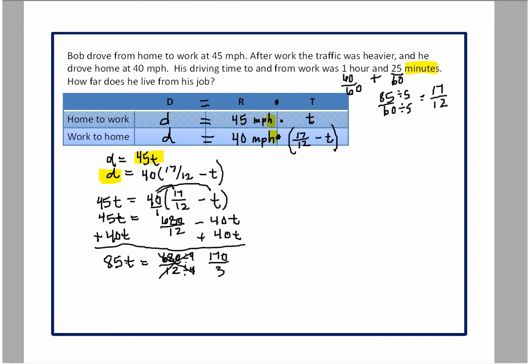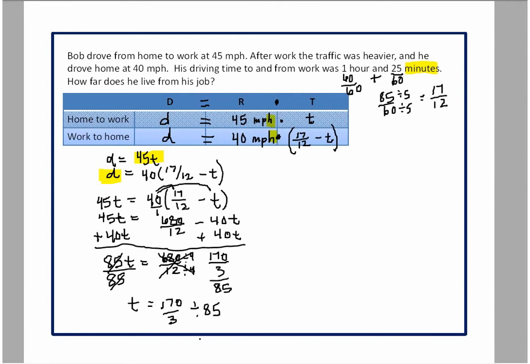Now what we need to do to solve for t is divide both sides by 85. And this looks a little weird, but what you're going to do is basically go 170 over 3 divided by 85.